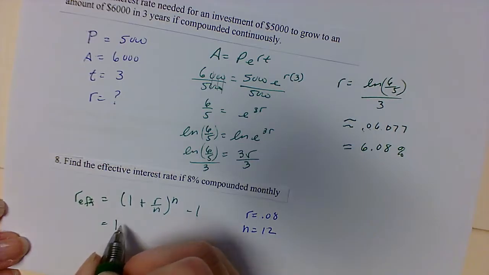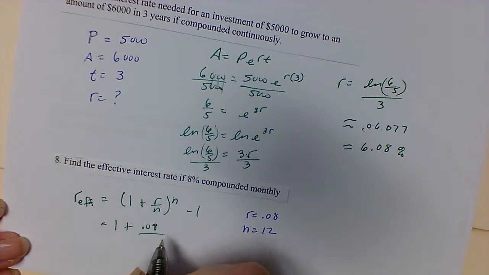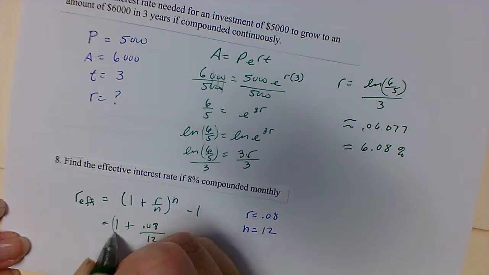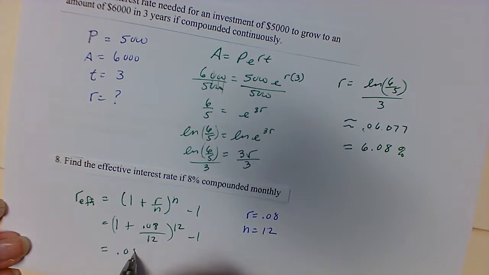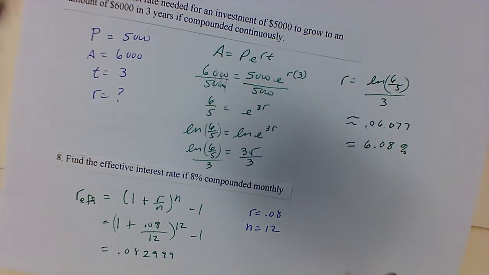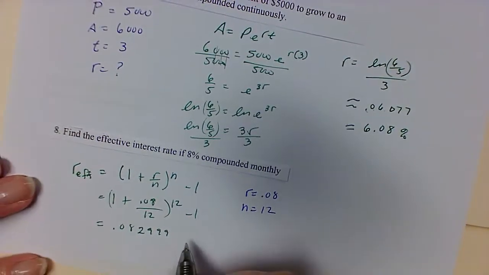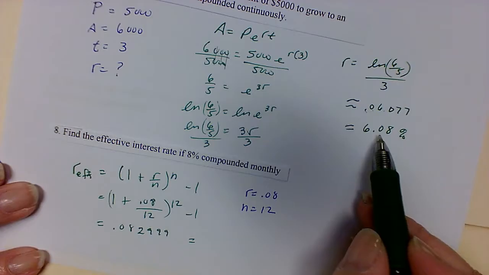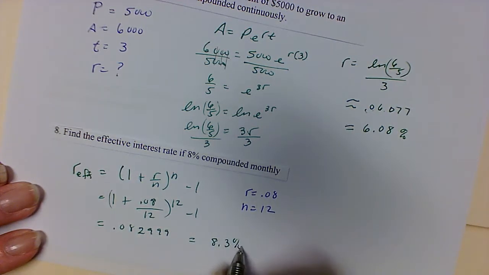This will equal 1 plus 0.08 over 12 raised to the 12, minus 1. We'll put that in a calculator and we will get 0.082999. So then that tells us that this will become equal to, just like we did up here, this will equal 8.3%.